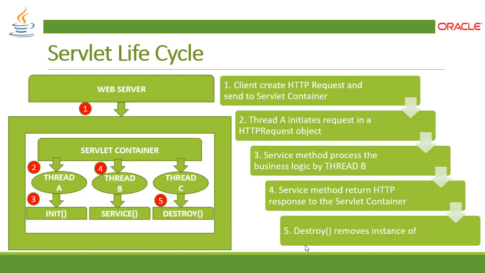Let's learn in detail about the servlet lifecycle, how it processes. So you see, we have a web server. If you see here, we start from the web client. The client will create an HTTP request and send it to the servlet container. This is your web component, and inside the web component we have any kind of container like servlet container, web container, your EJB containers, whatever kind of application you have, FTP container.